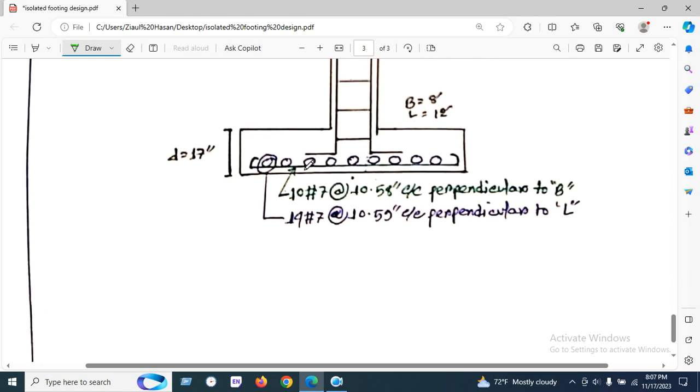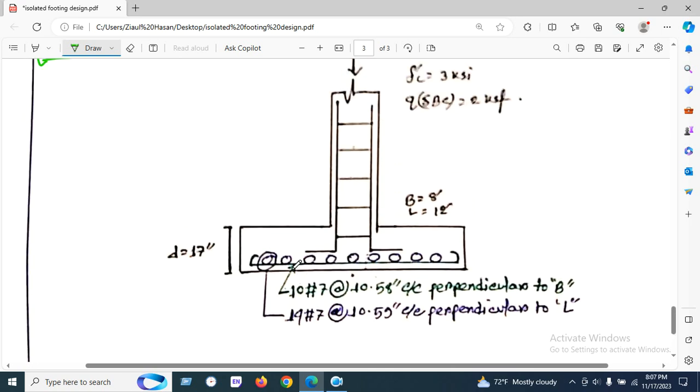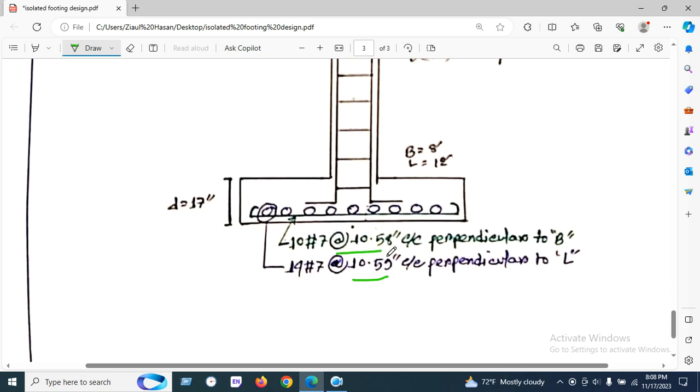Here is our detailing: 10 number 7 bars at the rate of 10.5 inches center to center perpendicular to B, and 14 number 7 bars at the rate of 10.59 inches perpendicular to L. We have shown that the two values are very similar, but in the practical field we use 10 inches center by center, as we stay on the safe side.